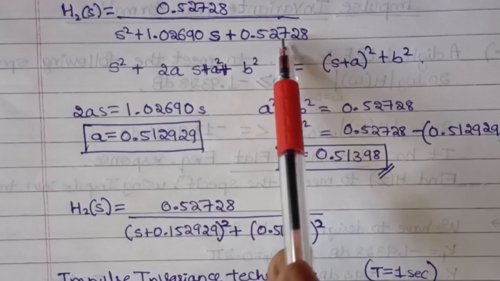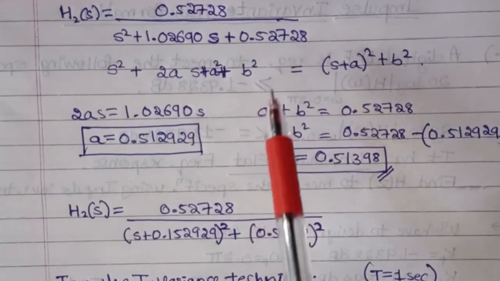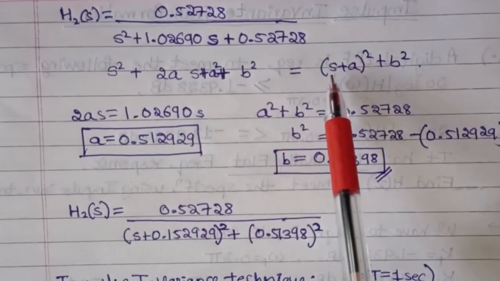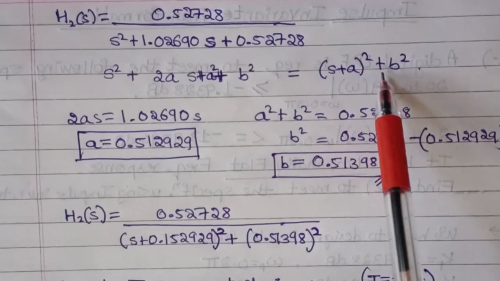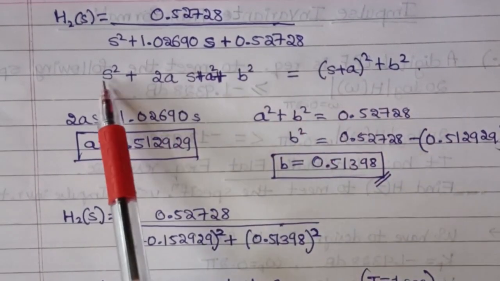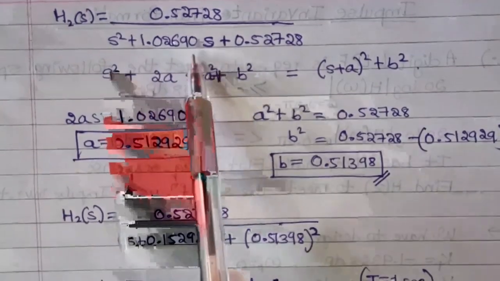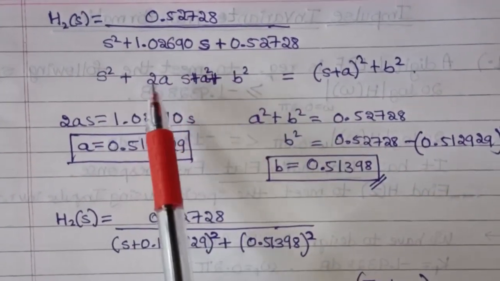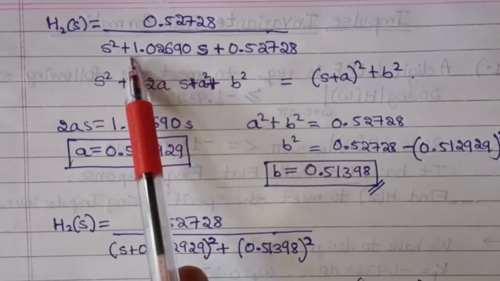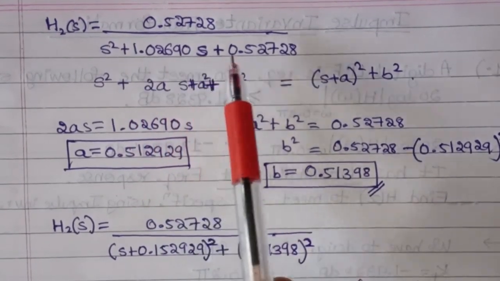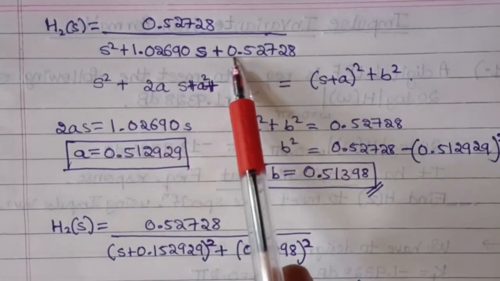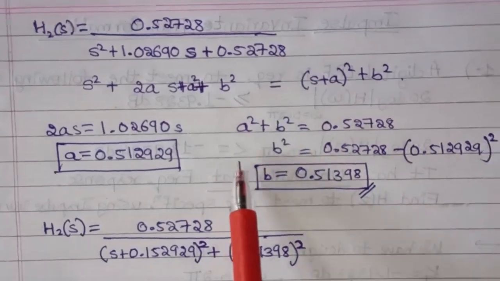To apply the impulse invariance technique, the denominator should be in the form (s + a)² + b², which is s² + 2as + a² + b². Comparing the denominator with this equation, we get 2a = 1.02690 and a² + b² = 0.52728.